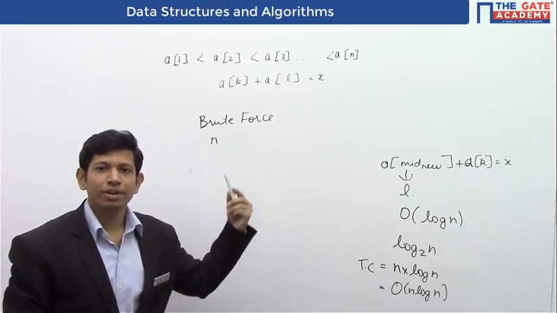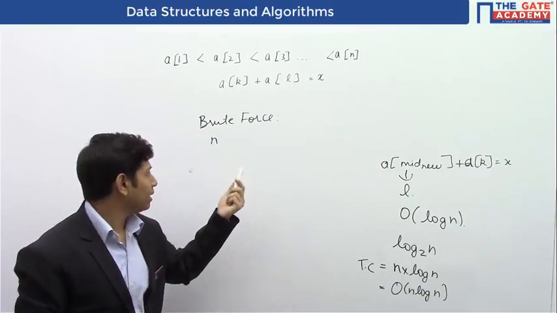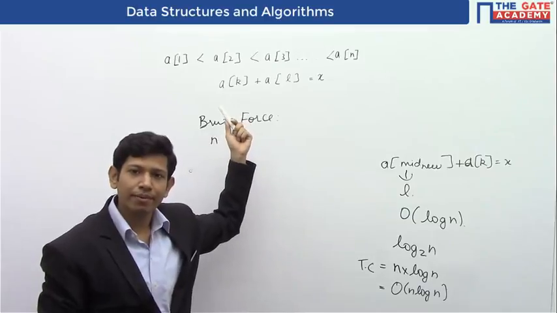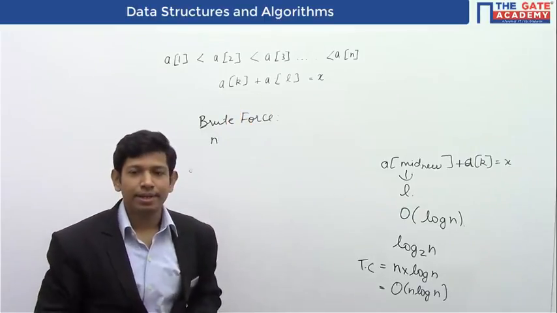In brute force method, we would have selected one element, and for that we would have compared with all the remaining n minus 1 elements.